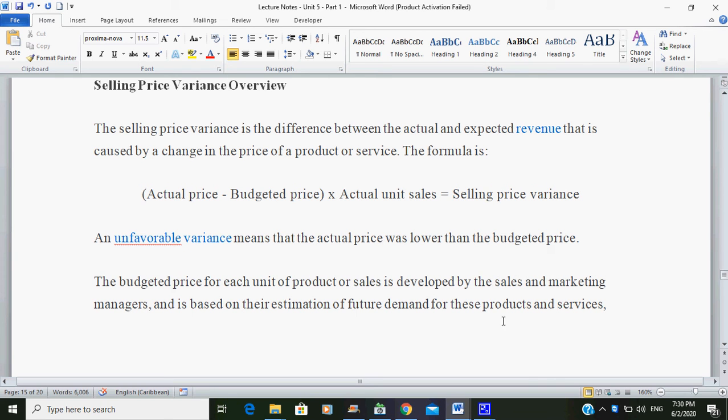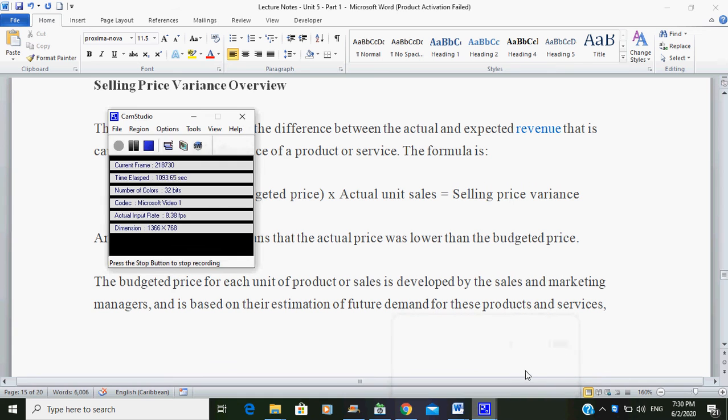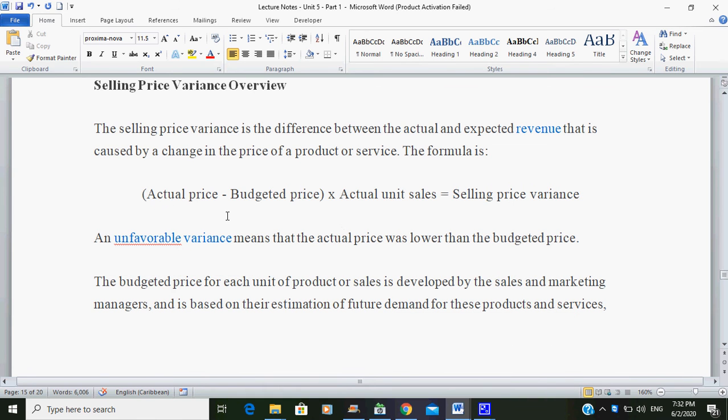If the actual price is lower than the budgeted price, the result may actually be favorable to the company as long as the price decline spurs demand to such an extent that the company generates an incremental profit as a result of the price decline.